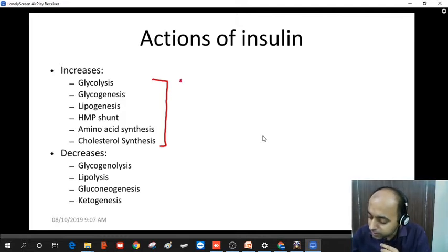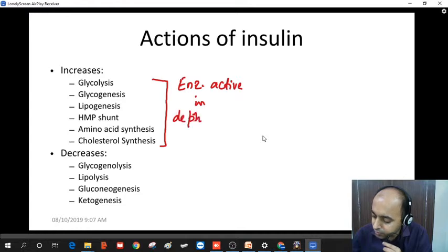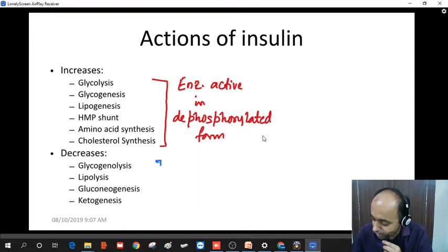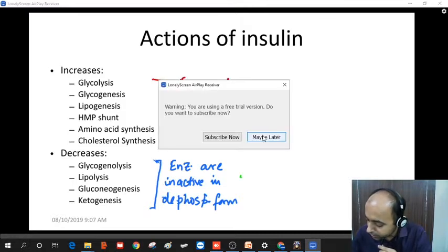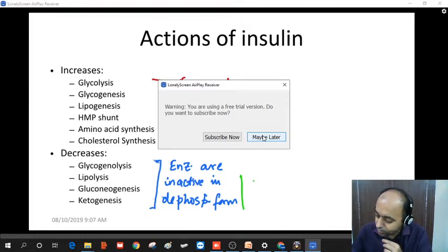Therefore, the enzymes are active in dephosphorylated form. On the other hand, these pathways are downregulated, so are inactive in dephosphorylated form. In other words, they are active in phosphorylated form.